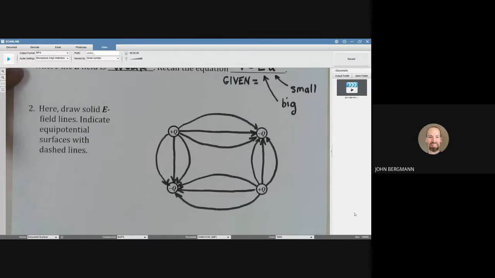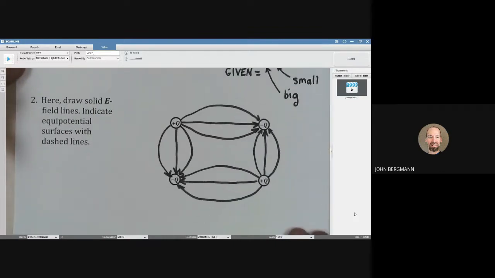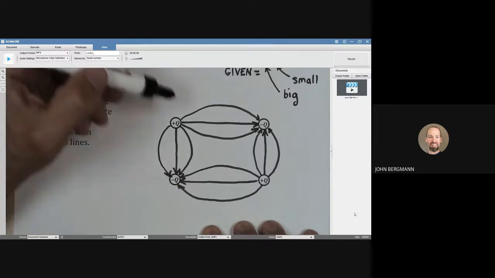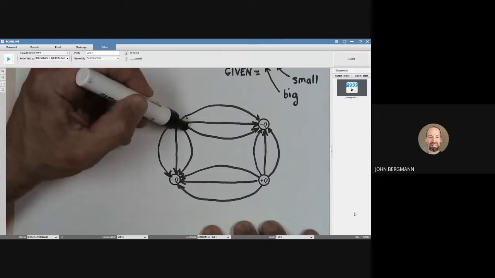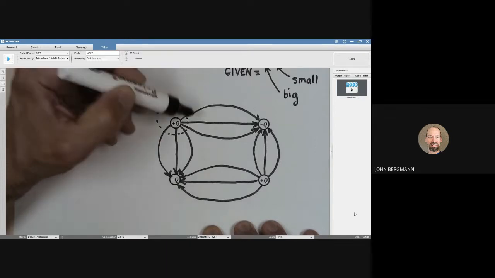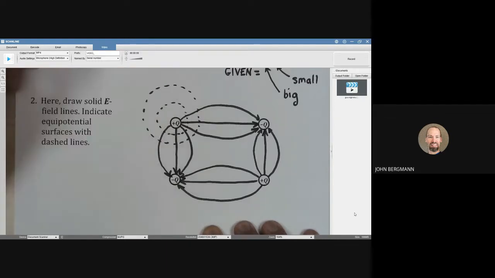Here we have four charges, two positive and two negative, and I've drawn in the electric field lines, or some of them, already. And what would the equipotentials look like? Well, the equipotentials are at right angles to each of these. So the one equipotential around this charge might look like that. Another one might look like that.